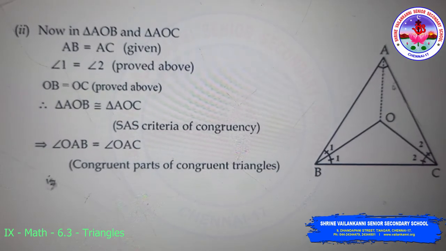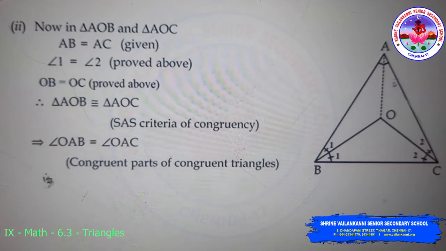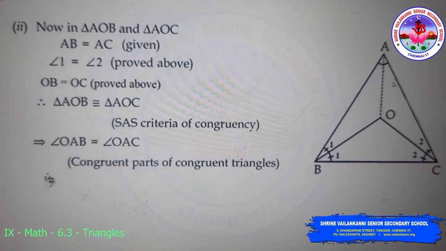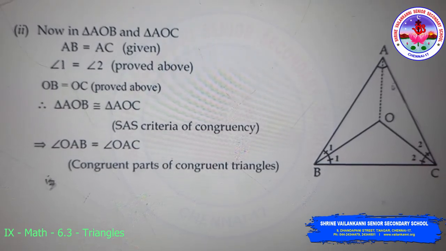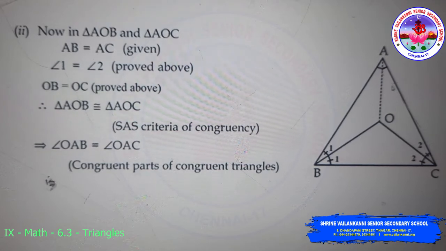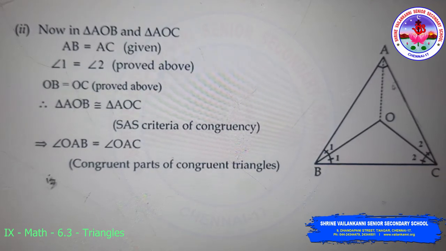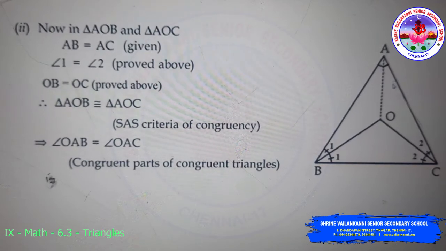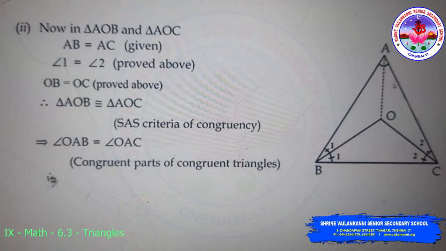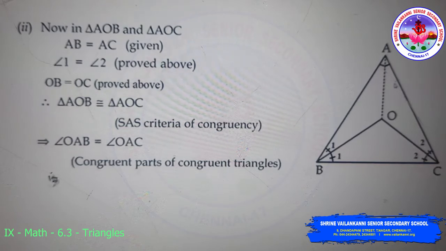So in triangles OAB and OAC, AB is equal to AC, OB is equal to OC, and angle 1 is equal to angle 2. Two sides and the included angle are equal in both the triangles. By SAS criteria, triangle AOB is congruent to triangle AOC. So by CPCT we get angle OAB is equal to angle OAC.